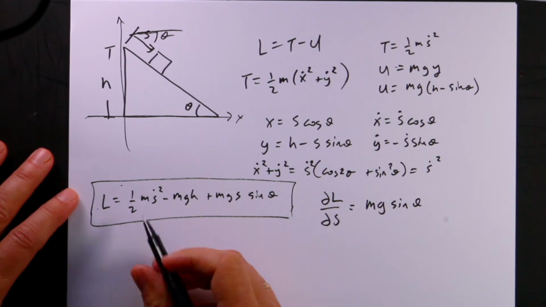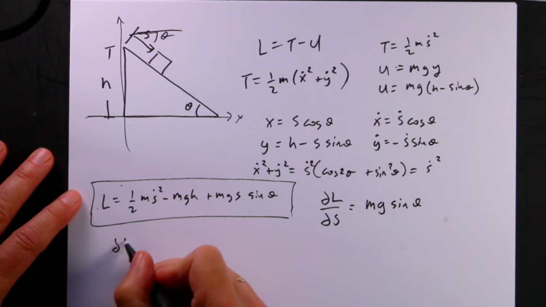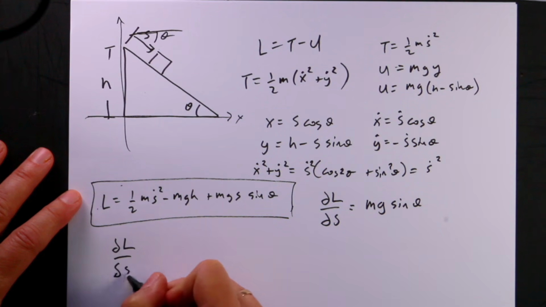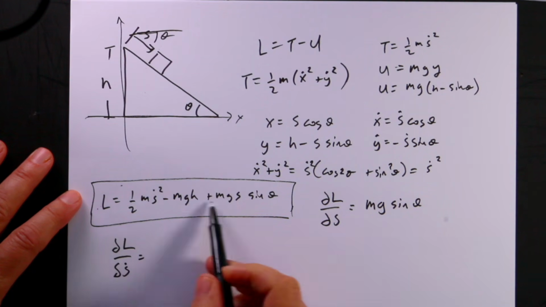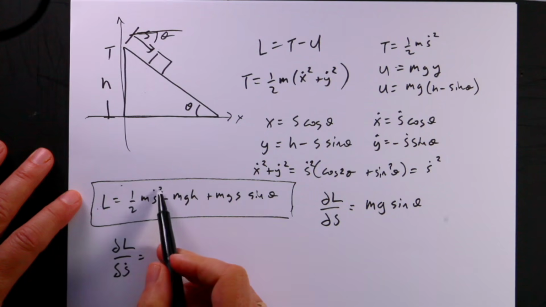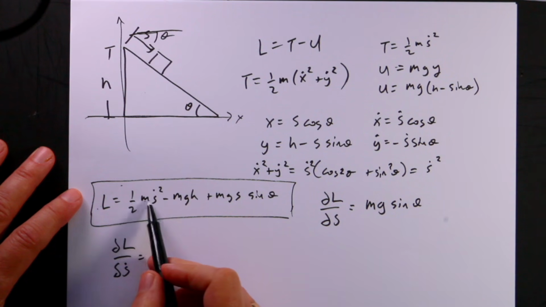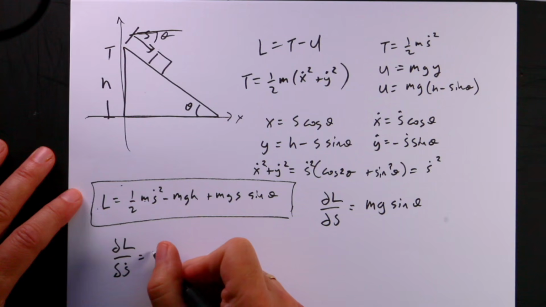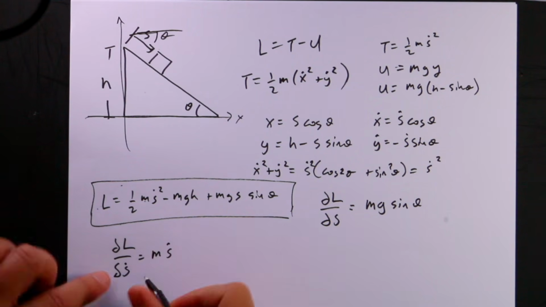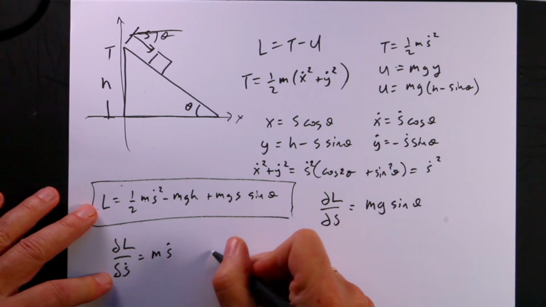Now let's take the partial with respect to s dot. What has an s dot in it? It's just this term. So I use the power rule, and I bring the 2 down. I have 2 over 2 m s dot, so I have m s dot. Now I need to take the derivative of this with respect to time.